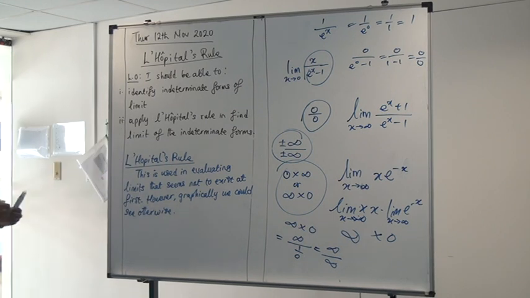So we use this to evaluate limits that seem not to exist at first, but when you look at it graphically, oh, this limit actually exists. Why am I not getting something? Most of the time, these functions come in the form of a quotient.